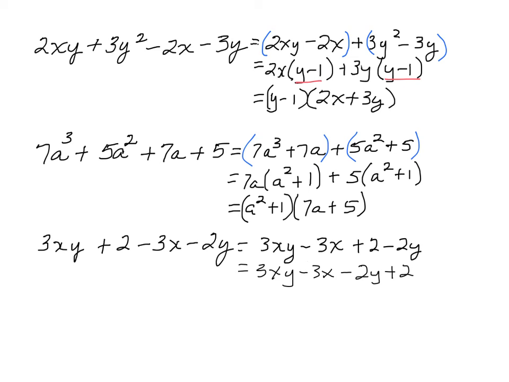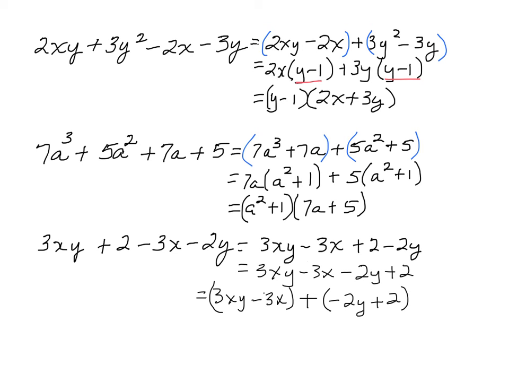Okay, so then what happens? We can group. Now I'm going to bring it over some. We can group 3xy minus 3x and the negative 2y plus 2. But the thing is, with the negative 2y, you have to keep the negative sign with the 2y.